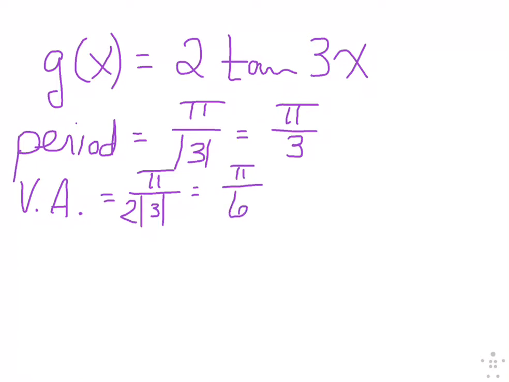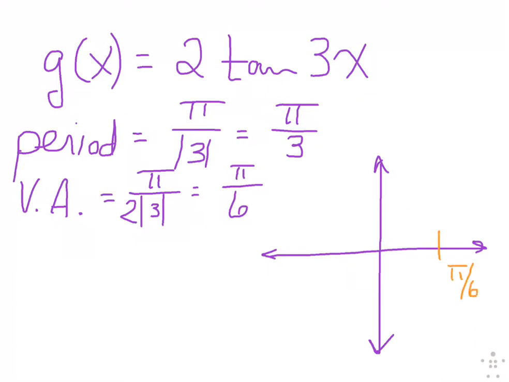Now, when we go to graph these, unless I shift it left or right, up or down, which I have not done any of that, because you notice there's no adding or subtracting in the problem, the vertical asymptote is going to be pi over 6 units away from the origin. So I'll put that in orange so you can see it. And all I do is put pi over 6 here.